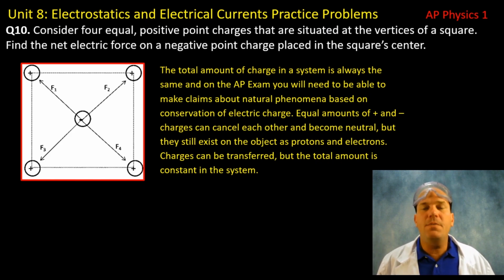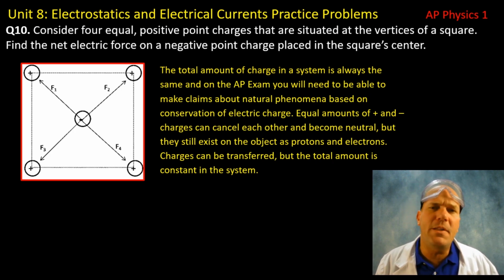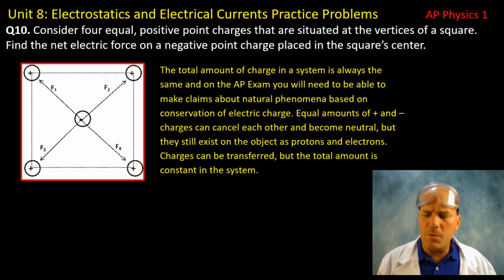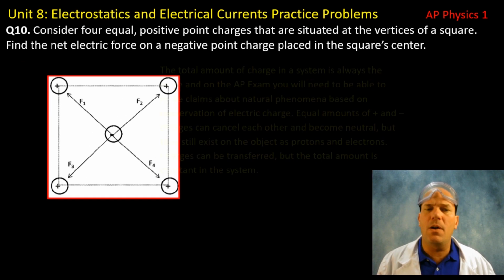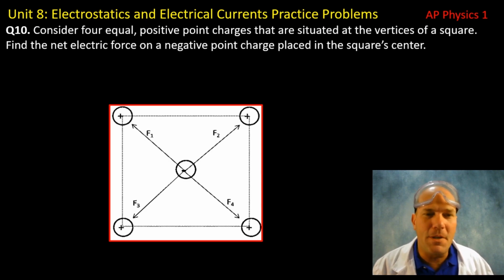Charges can be transferred, but the total amount is constant, and we've shown that in a couple problems, specifically with the silk cloth and the glass rod. Also remember that the elementary charge is the smallest charge, and any charges must be in units of that elementary charge. All right, let's get to the problem here.